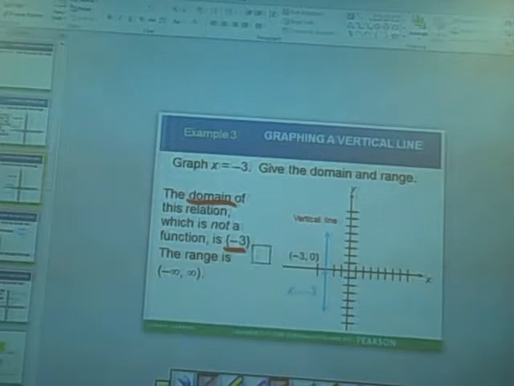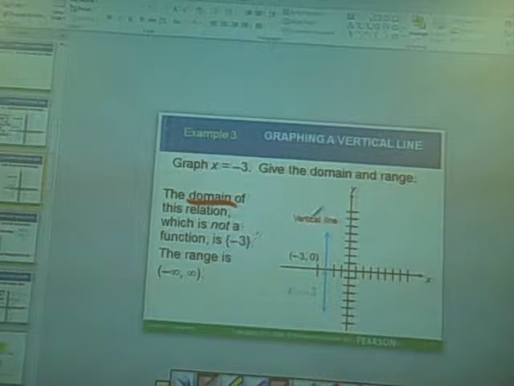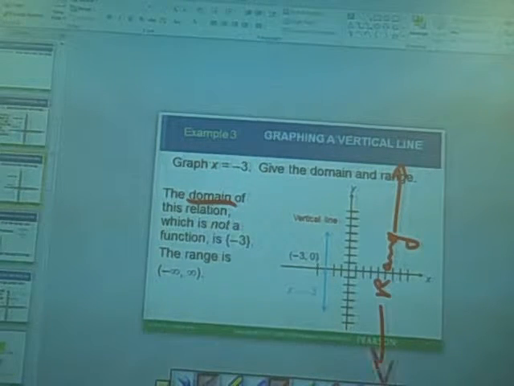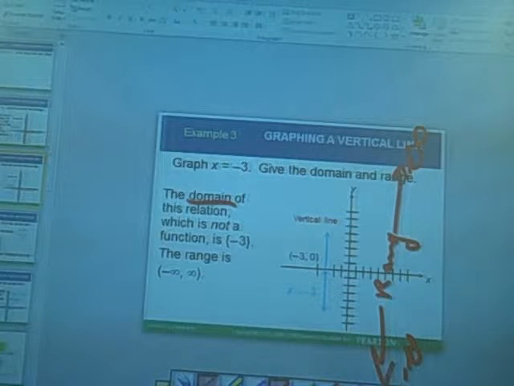I'm surprised they used the curly brackets on that one, but you're probably looking at it in terms of a set. The range are all the y values. So that's going to go from negative infinity to infinity.